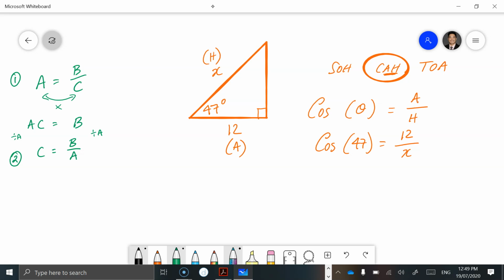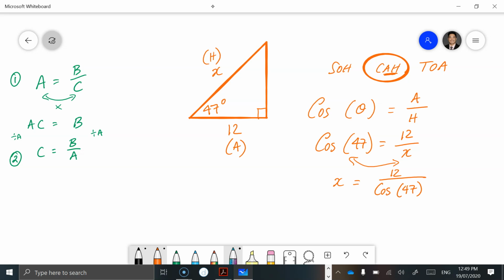So to get X on its own, there's a shortcut, and that's to swap these two terms around. So X is going to equal 12 divided by cosine of 47.